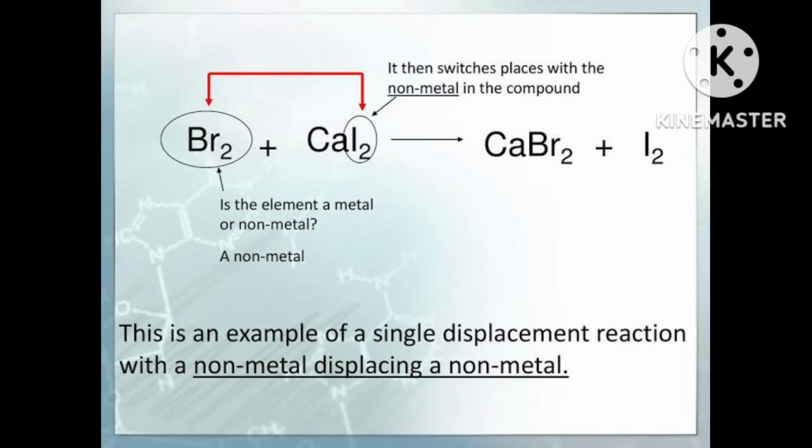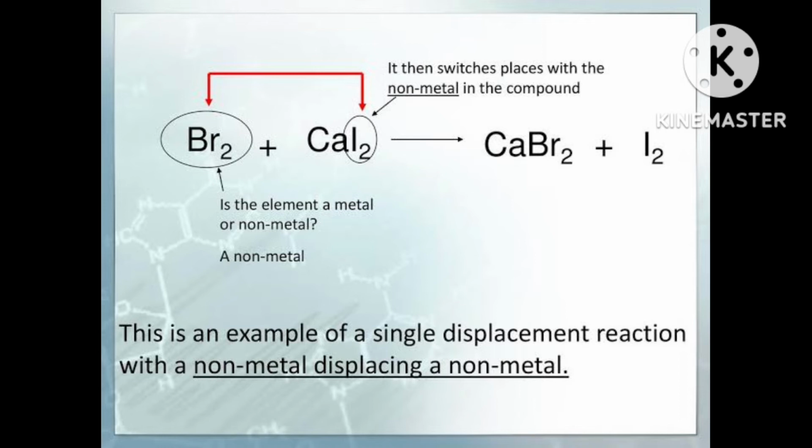It may not be out of place to mention here that bromine likewise can displace iodide also. Similarly, fluorine can displace these; chlorine can displace bromine, and bromine can displace iodine. Here the same reaction is there.